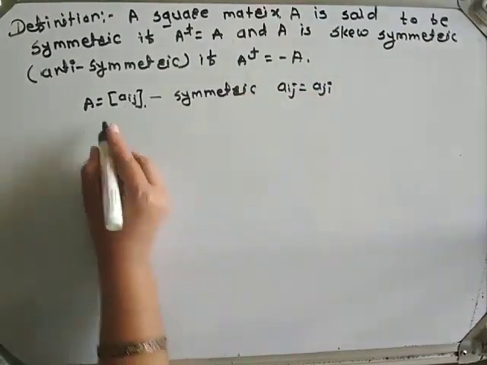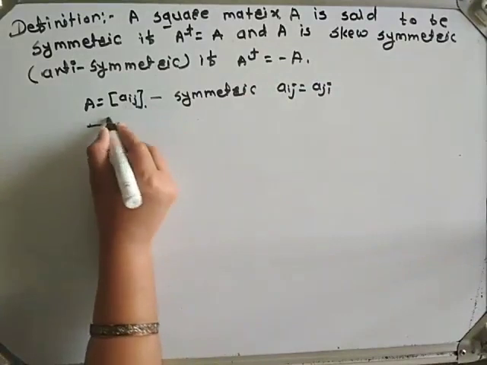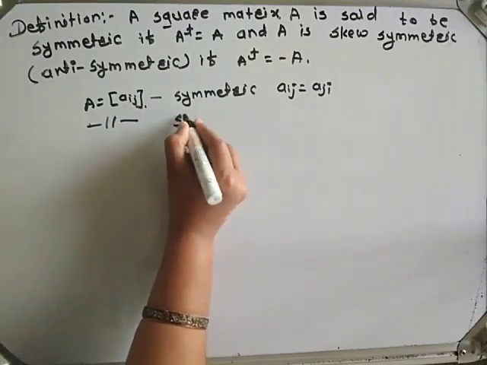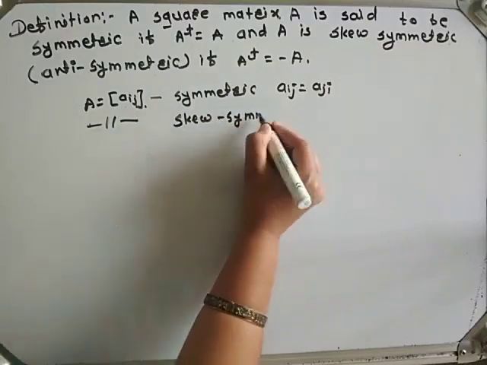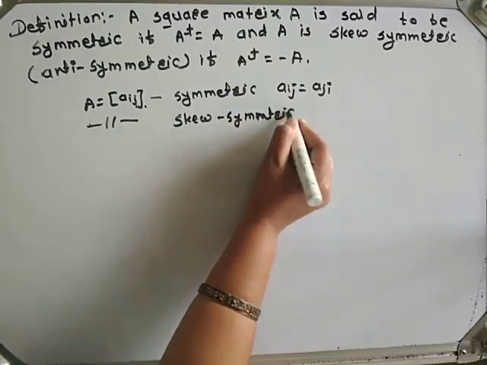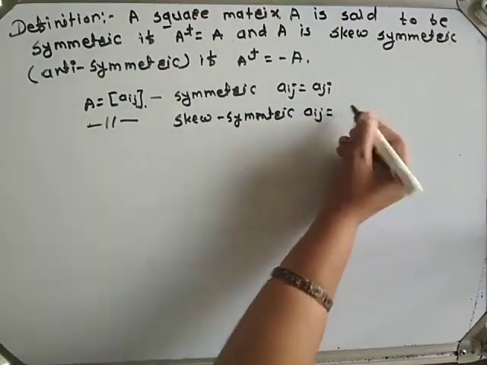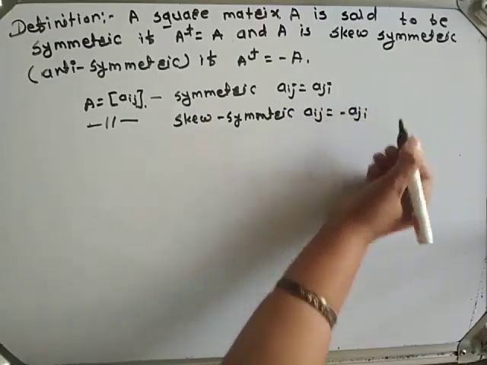And A is skew symmetric, and this matrix is skew symmetric, if Aij is equal to minus Aji.